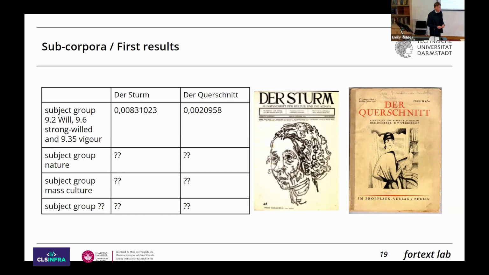I mean, early days, obviously, but part of what you're doing maybe is problematizing those terms. You might discover that the second journal, the Querschnitt, has as many terms about will or nature or mass culture as the Sturm, and that might actually question the validity of those two terms, which I think is probably likely, that those terms are not going to stand up to scrutiny in individual cases, although one may find general patterns, I suppose.